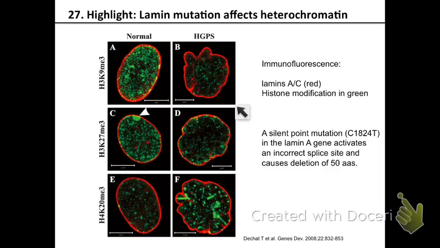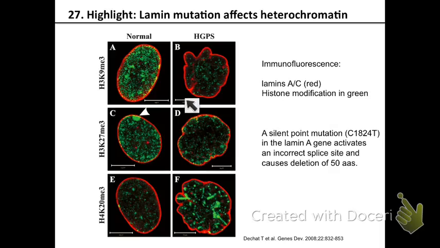And what this allows you is, at the microscopic scale, to find out where these histone modifications are. So if you use an antibody that is conjugated to green and recognizes H3K9 methylation, in normal cells, what you see is these green regions, and you know that those regions are the heterochromatic regions of the genome because they have H3K9 methyl 3.